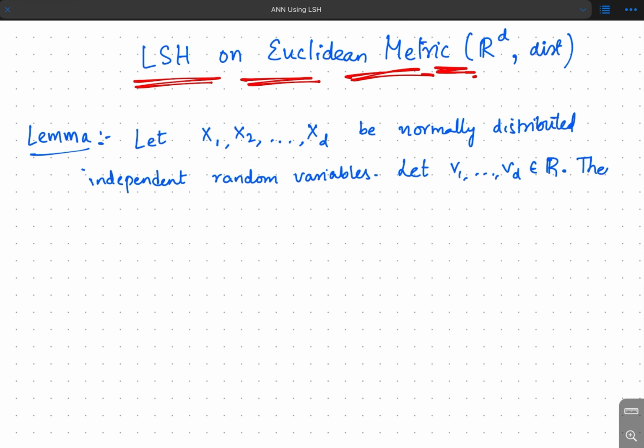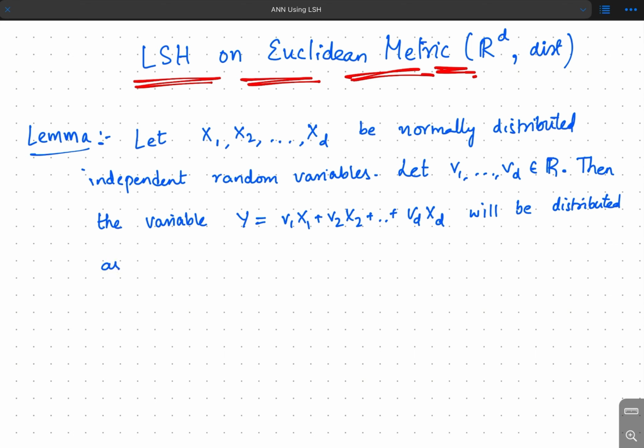Then the new variable y, given as v1 x1 plus v2 x2 plus and so on vd xd, will be distributed as again a Gaussian random variable.